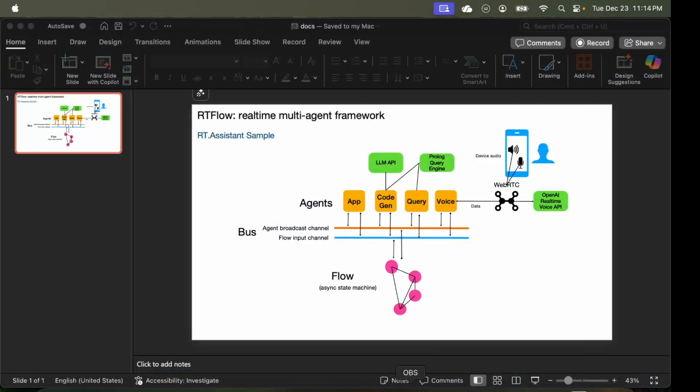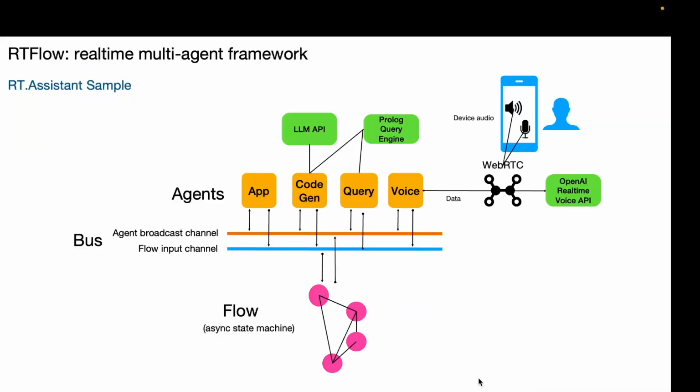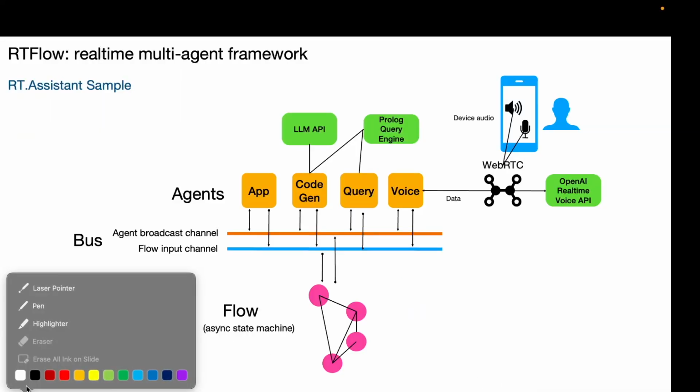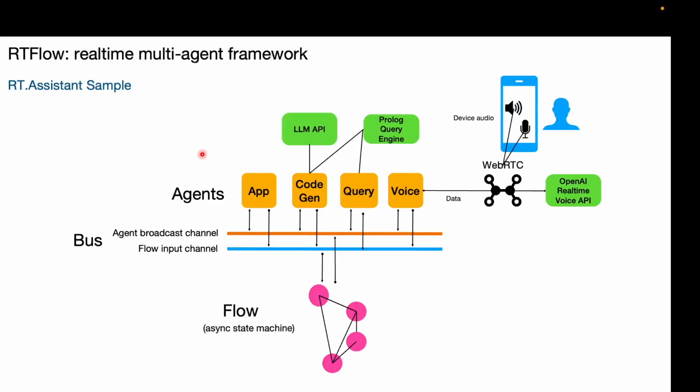Okay, now let's talk a little bit about the multi-agent framework that underpins this application. This framework is called RT Flow. It has three main components: the flow, which is an asynchronous state machine, the bus, and the agents.